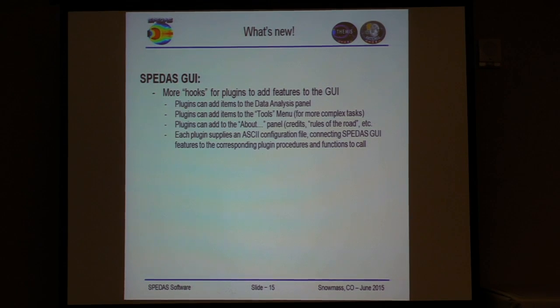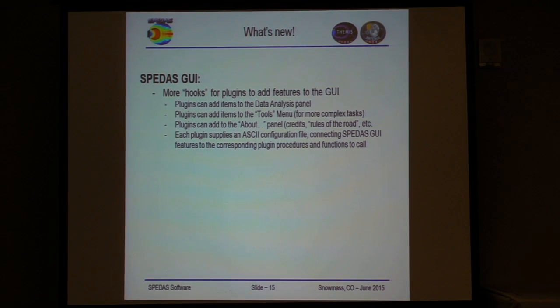In the main GUI menu, on the right-hand side, there's a help menu. When you open that, we used to have an about option that would just show the general SPEDAS release, which release it is, some rudimentary information.